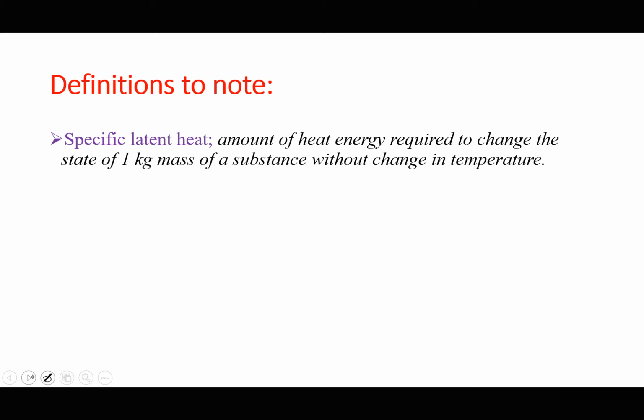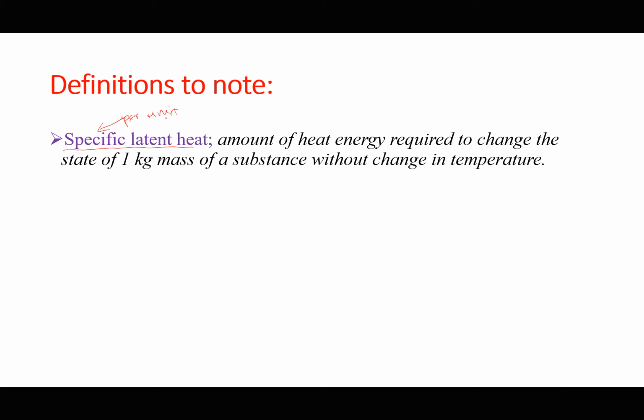Here we were considering the whole substance. Remember heat capacity, we also consider the amount of heat for changing the temperature of the whole substance. Now here latent heat, we have also considered changing the state of the whole substance. But when we specify the mass of the substance, then we are talking about the specific latent heat. So specific in this unit will be referring to per unit mass.